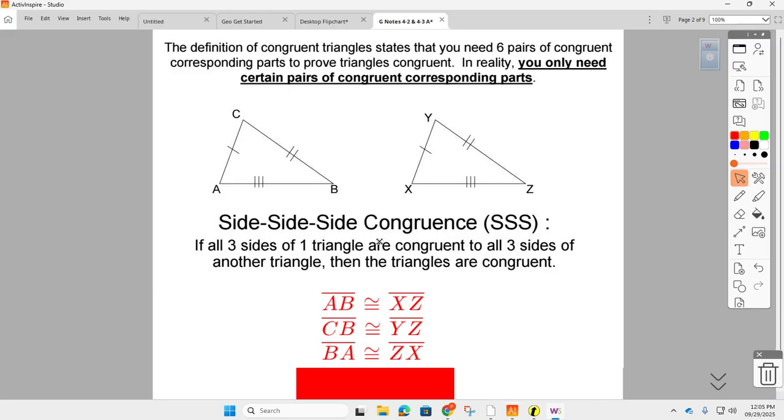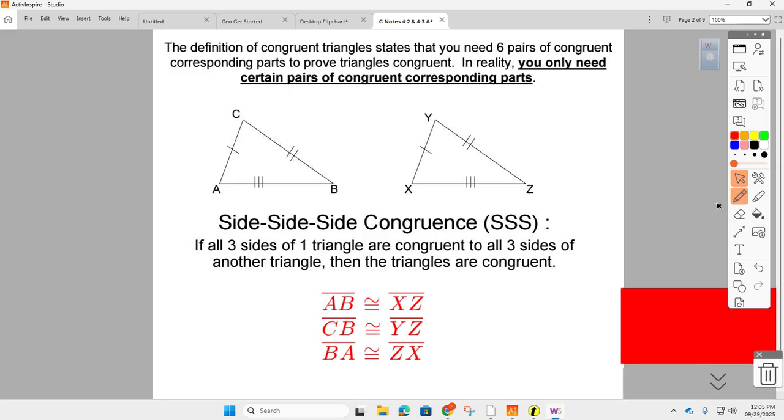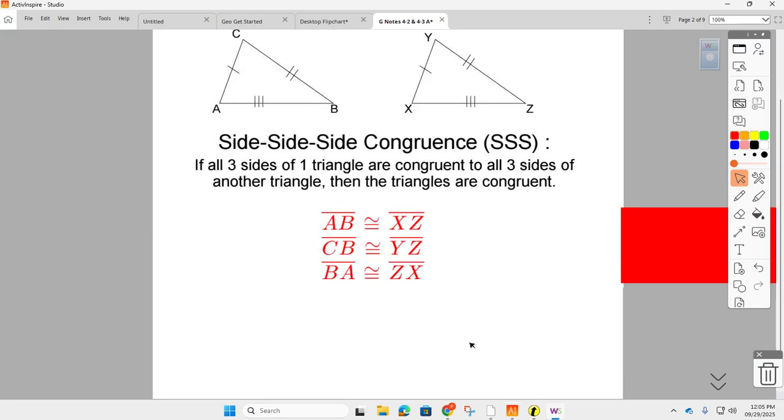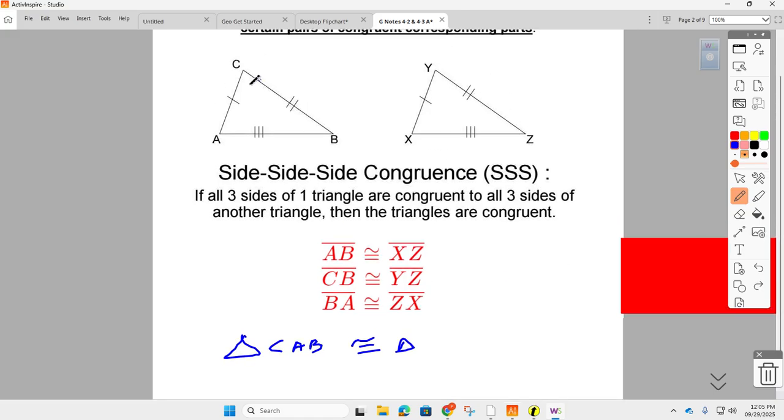So now that we know all three sides are congruent, we don't have to prove that all three angles are congruent. Now we can say the triangle CAB is congruent to triangle. So remember, name your corresponding parts in the right order. So C is congruent to what angle in the other triangle? Miles? Angle C is congruent to what angle in this triangle?